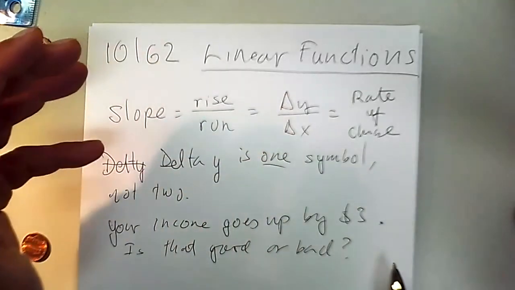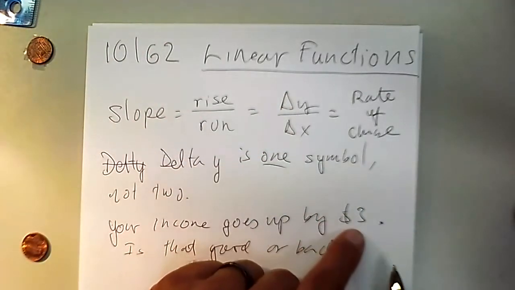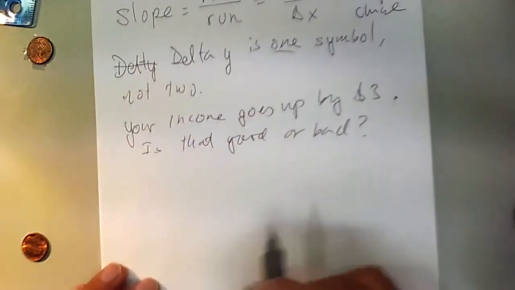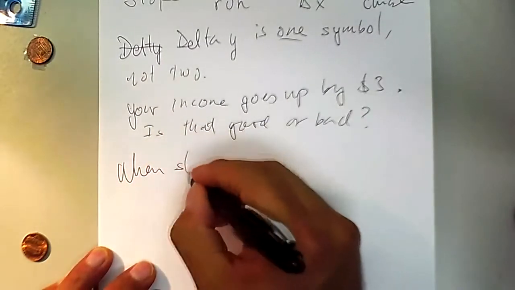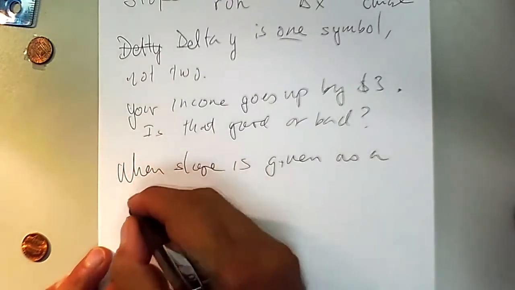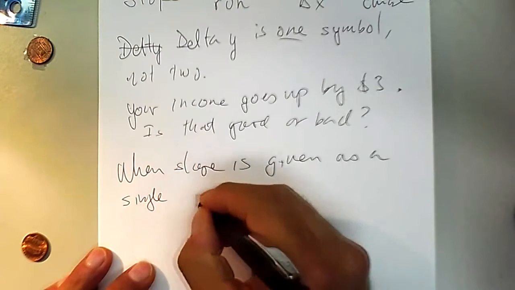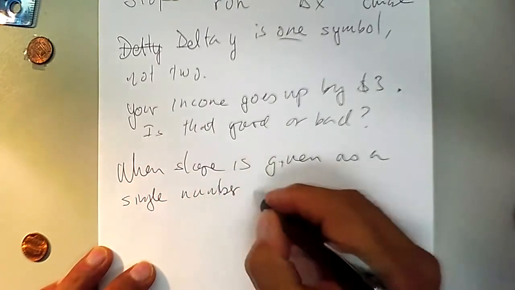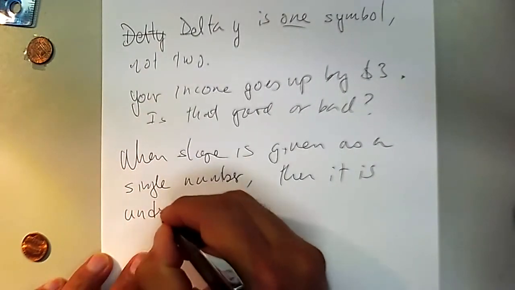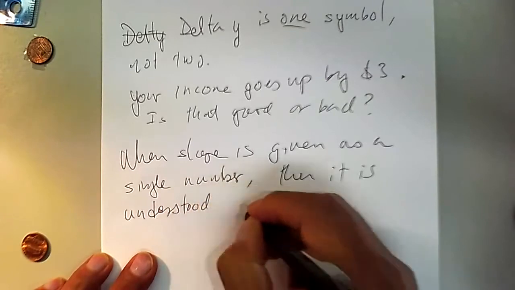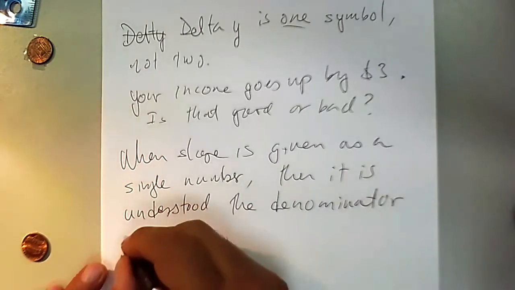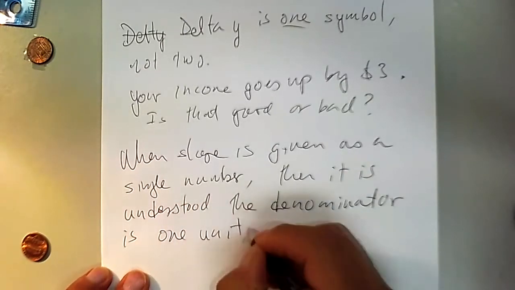Now, oftentimes the rate of change is given as one number. In that case, it is understood what the denominator is. When slope is given as a single number, it is understood that the denominator is 1 unit.